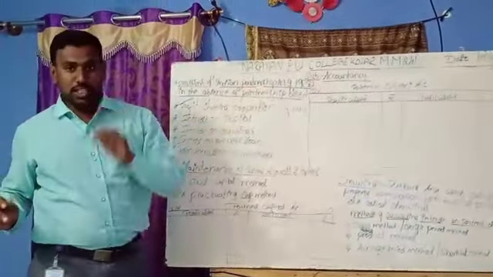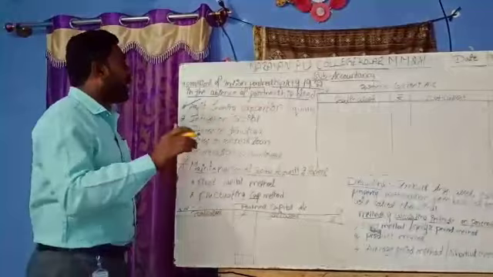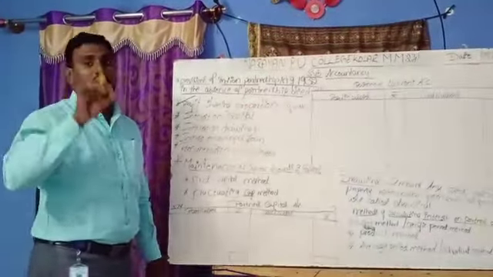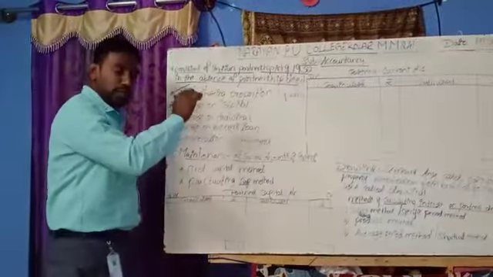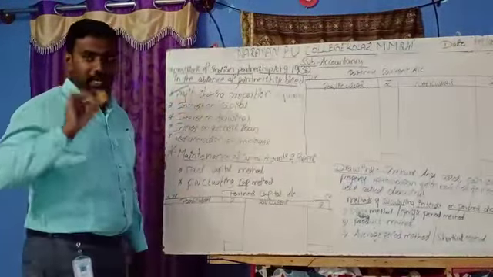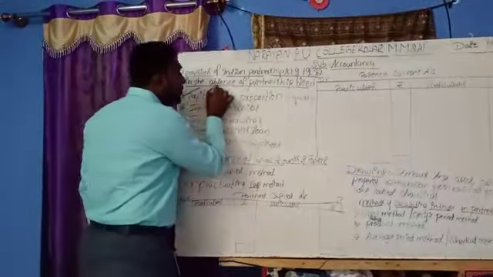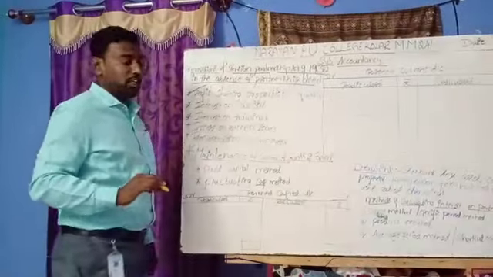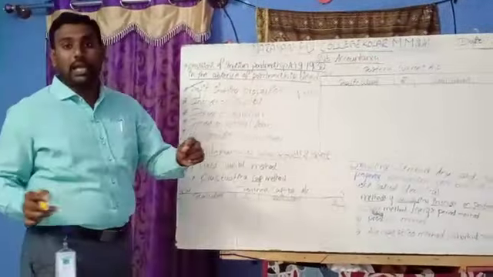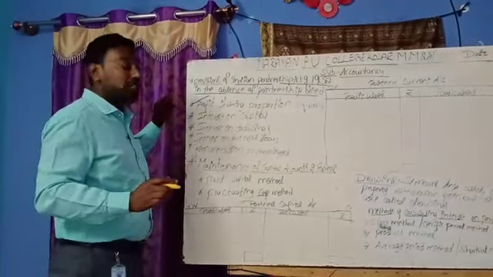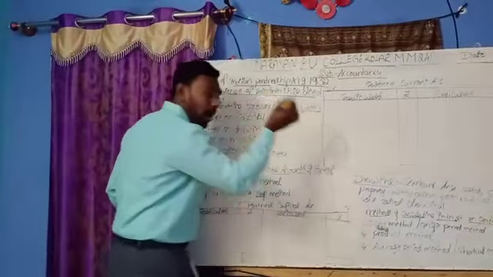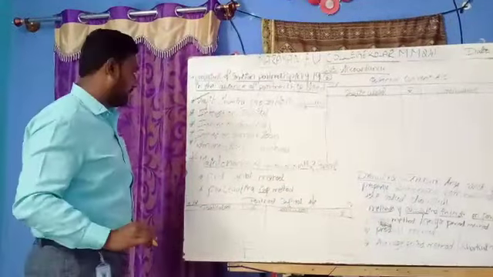According to the partnership deed, if any information about profit sharing is mentioned, we distribute the profit according to that criteria. But in its absence, the profit earned is distributed equally among the partners. This is the first criteria.